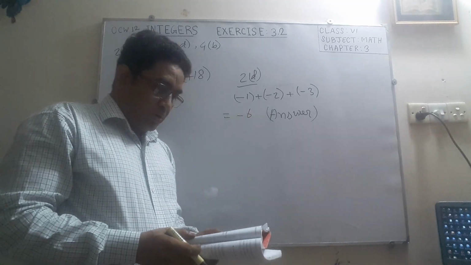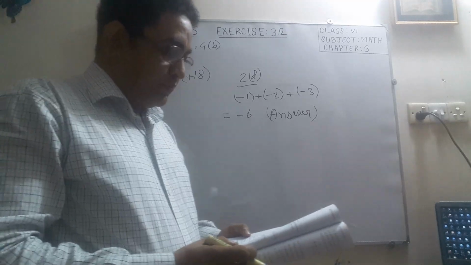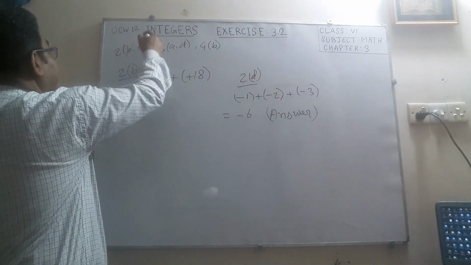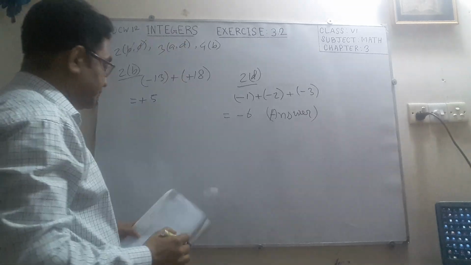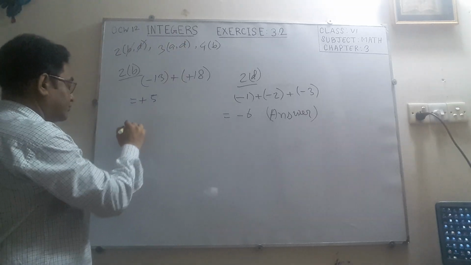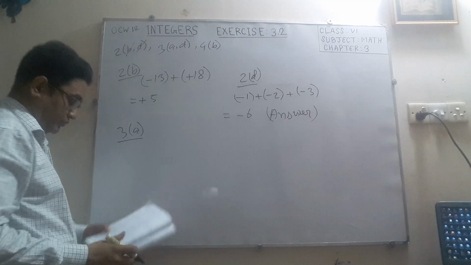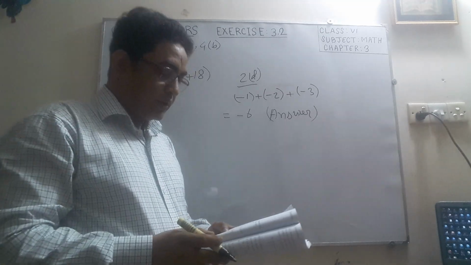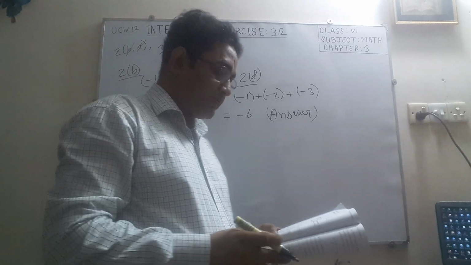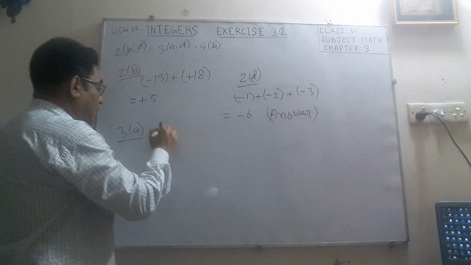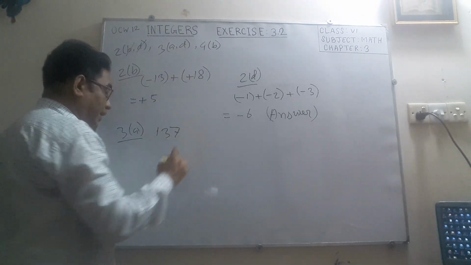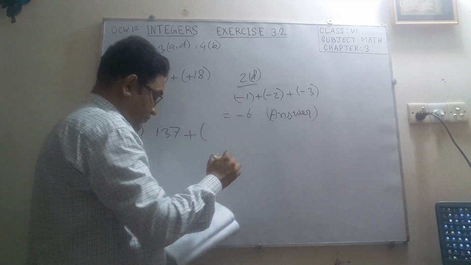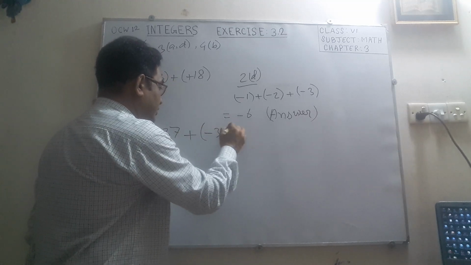Now we will solve 3A and B. 3A: add 137 and minus 35. 137 add, that means 137 plus minus 35.